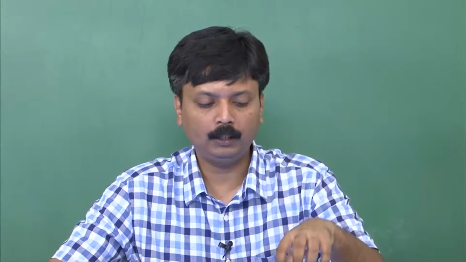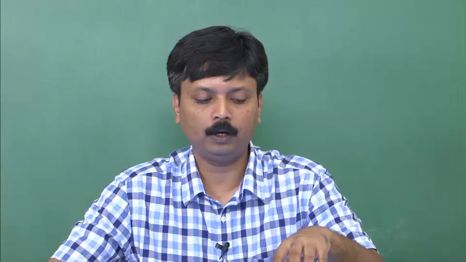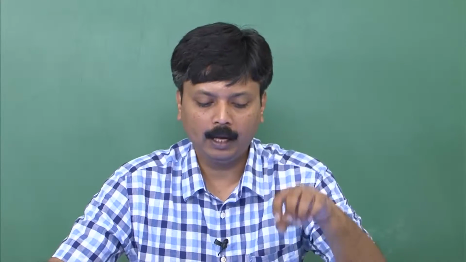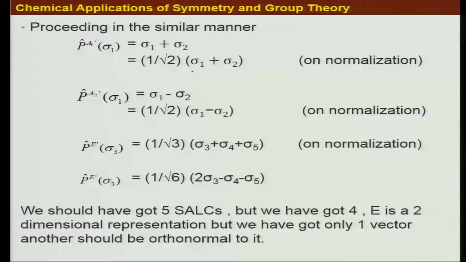When I operate this projection operator for A1 prime on sigma 1, I get sigma 1 plus sigma 2, and when we normalize, we get the corresponding normalization factor. Easy. The same thing is applicable for the projection operator for A2 prime, and we get the corresponding normalized SLC.